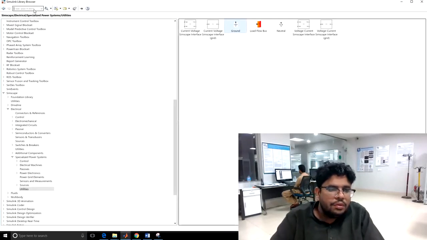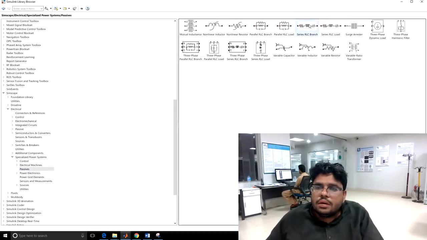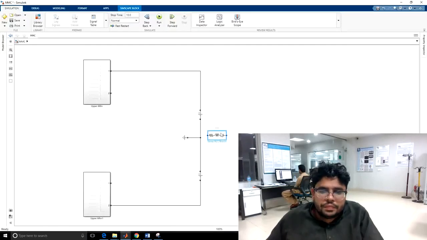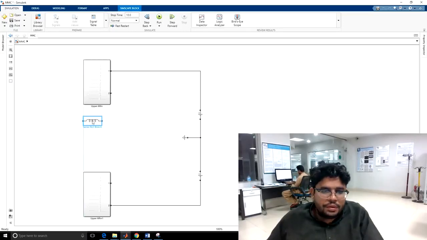So go to the passives, series RLC branch, make it inductive. Its value should be 20 millihenry. Let's connect it here this way.